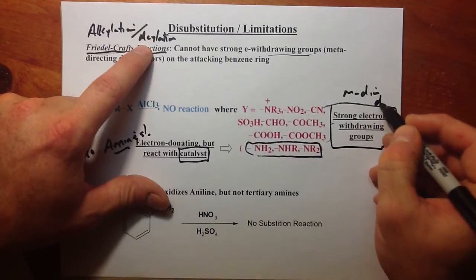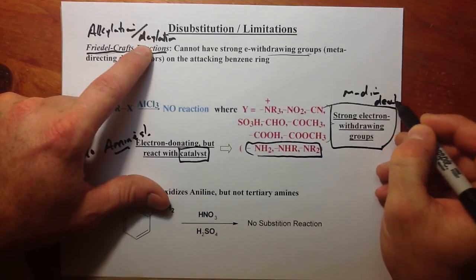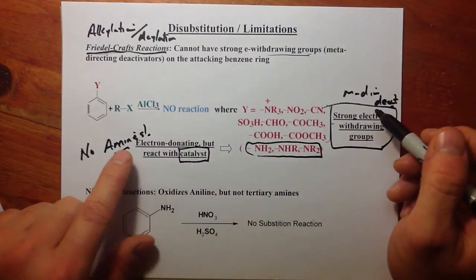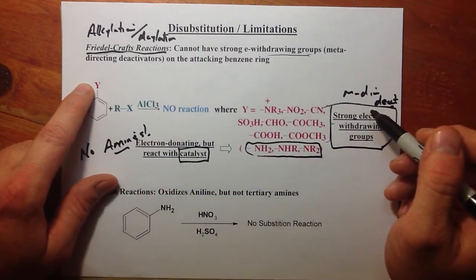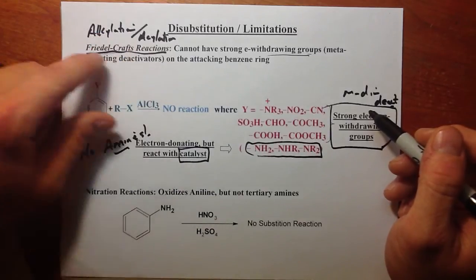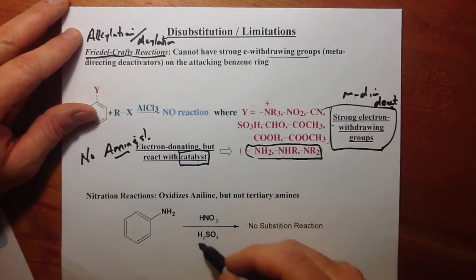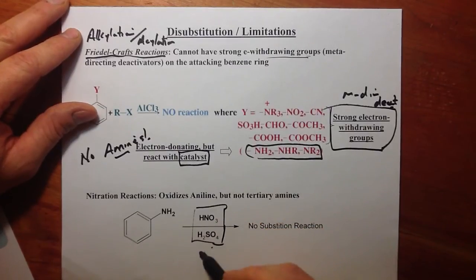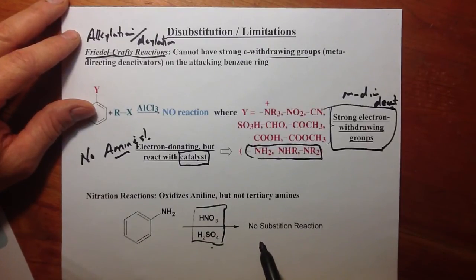So we can't have meta-directing deactivators or amines as Y on the benzene ring if we want to run alkylation or acylation. Then lastly, just know that because of some oxidative properties of nitric acid, sulfuric acid mixtures, we can't use aniline as a starting reagent for nitration of the benzene ring because it'll just oxidize this to a nitro group.